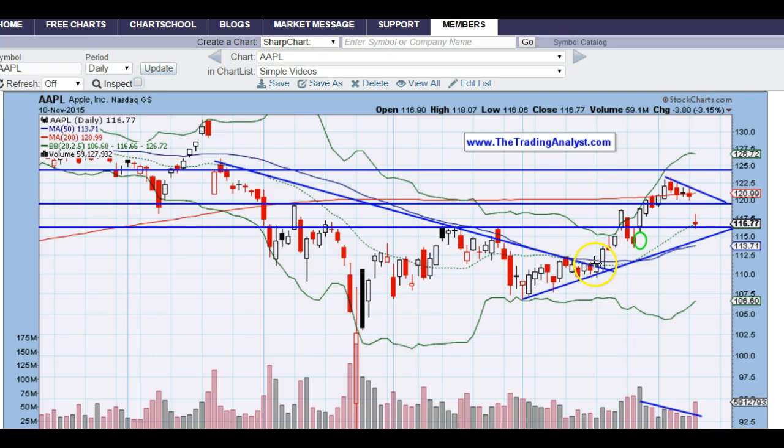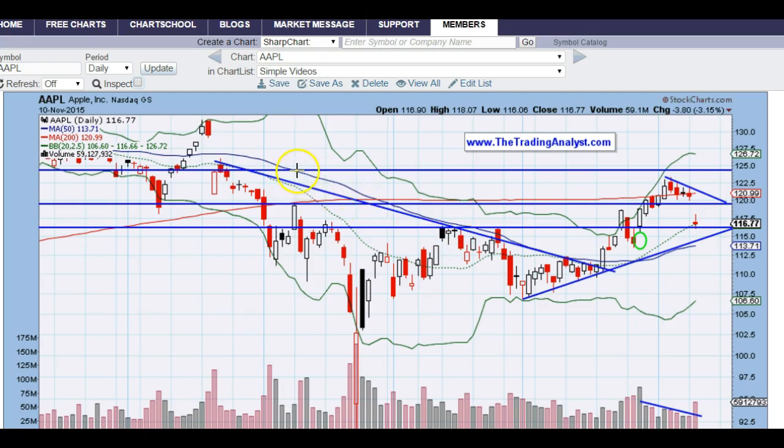I do think that the most important thing that you need to take away from this video is this uptrend line support right here. Okay, this is a must hold for Apple. It's also lining up perfectly with the 50-day moving average, this blue line here. Okay, as you can see, it's just perfect right here.